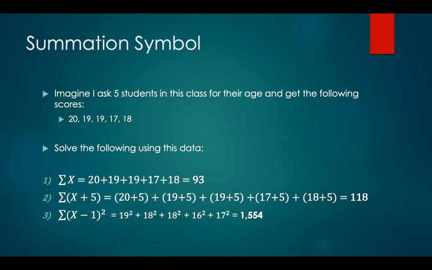Now, in the third one, which is perhaps the trickiest, we subtract 1 from every score and then subsequently square it and then add up the result of each of these. And that leaves us with the sum of 1,554.